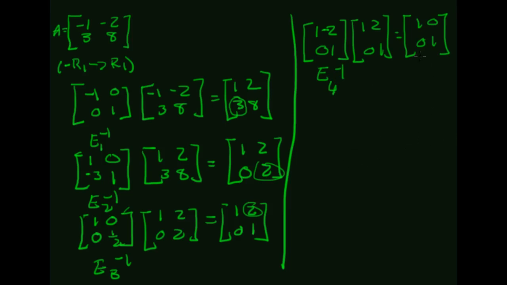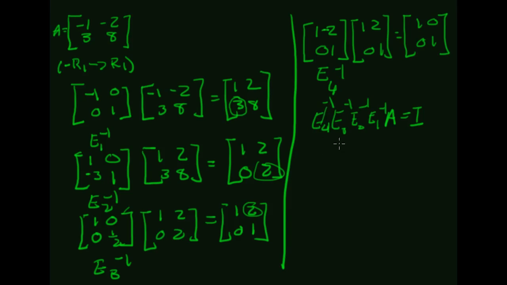So if I follow this out, I took A and multiplied it on the left by E1 inverse, then E2 inverse, then E3 inverse, and then E4 inverse, which gave me I. So we say, well, multiply both sides by E4, because if this thing is invertible, it has to have an inverse, right?